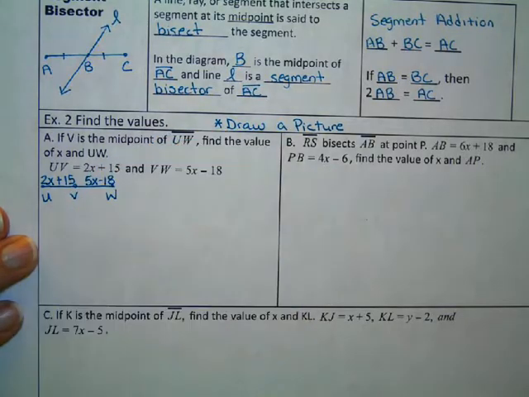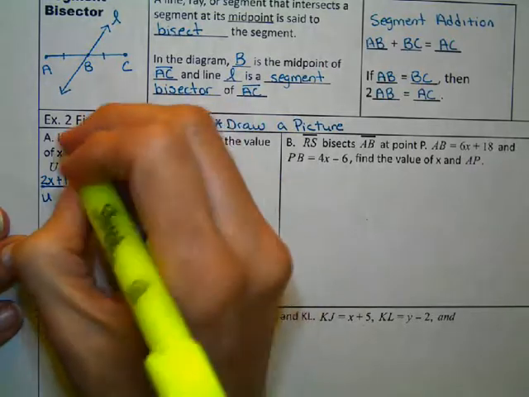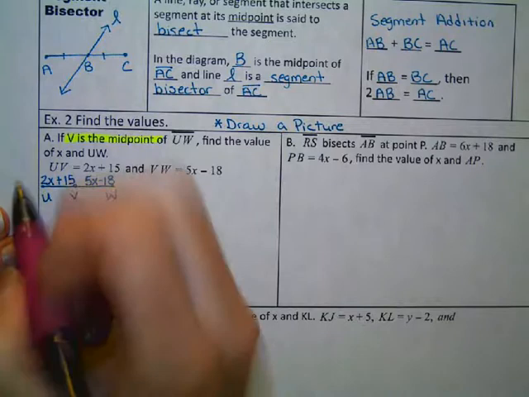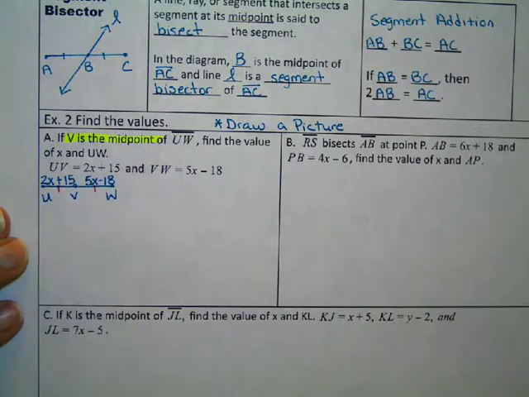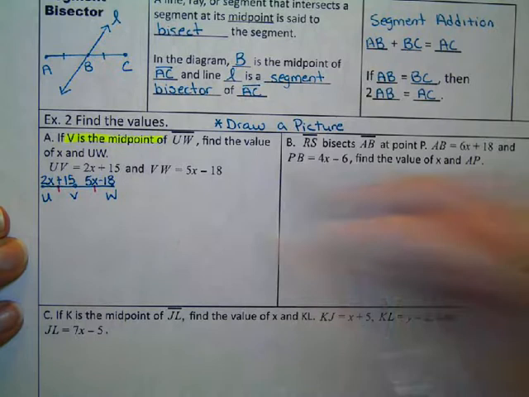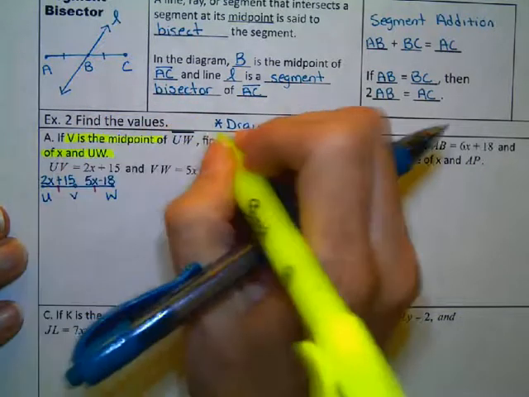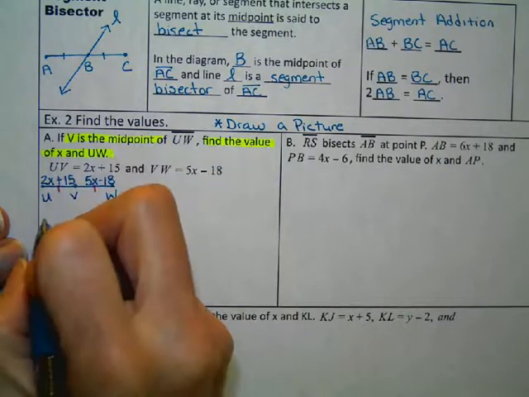So since they told us this word, B is the midpoint, we know midpoint makes these two segments equal to each other. Right? So to solve for x, we're going to find the value of x and UV. We would set those two segments equal.